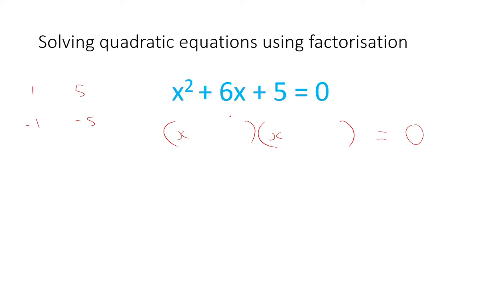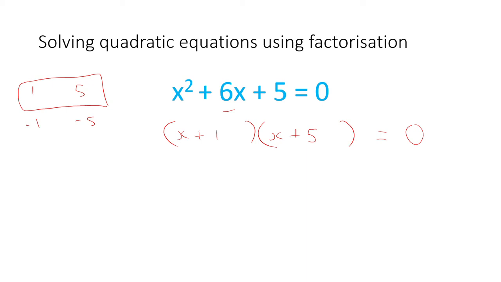And of these pairs they have to add to give positive 6, and clearly plus 1 and plus 5 is the pair which adds to give positive 6. So we've factorised this side of the equation now.